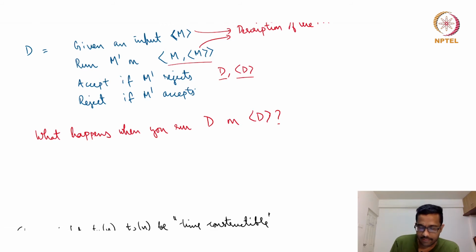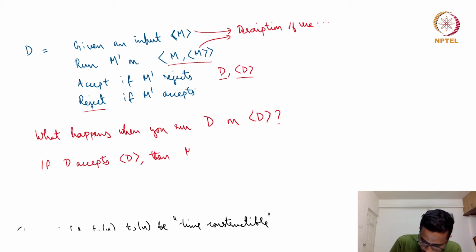If D accepts D's description, then M prime will accept, in which case there will be a reject over here, right? So if D accepts its own description, then M prime accepts the description of D, and then D ends up rejecting its own description.